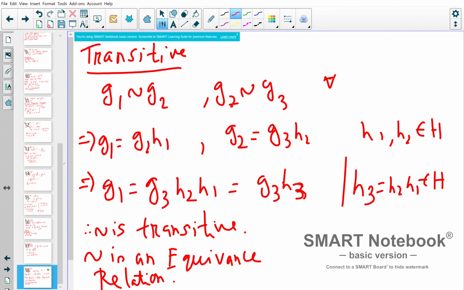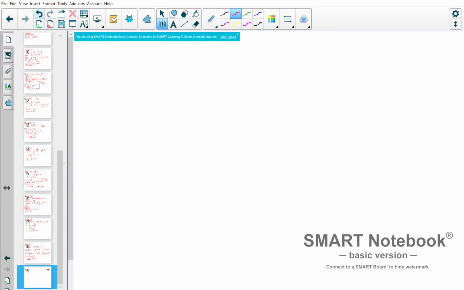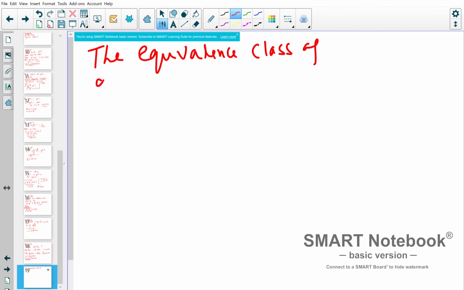So now let me see how these equivalence classes look. The equivalence class of some element G belonging to G under this tilde, how does it look?